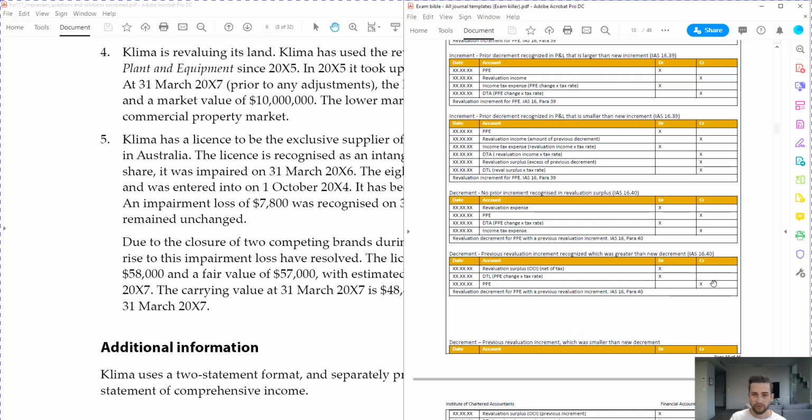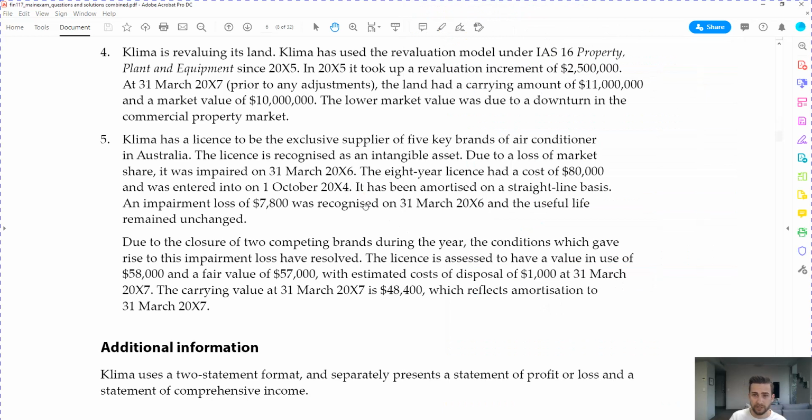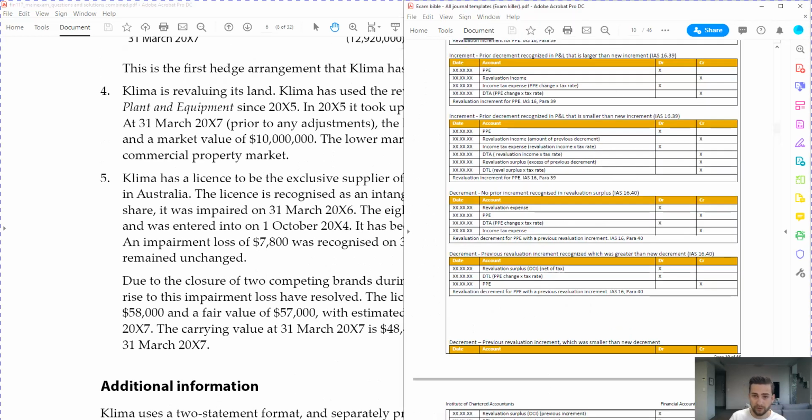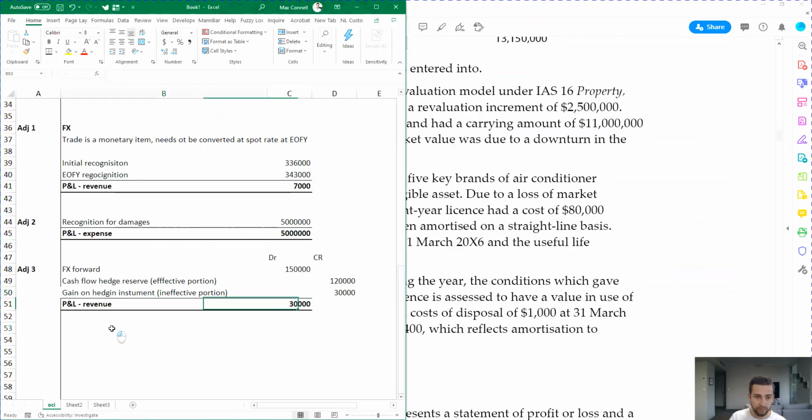The credit to PP&E is 1 million, and the revaluation surplus is going to be 1 million net of tax, but we're ignoring tax in this question because it specifically said so. Otherwise, it would be net of DTL. But for this question, it's going to be $1 million, and that's going to go straight to other comprehensive income. Okay, so we need to make a note of that so we can pick that up.